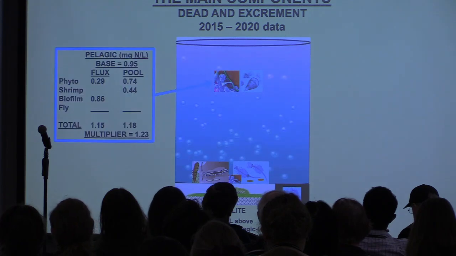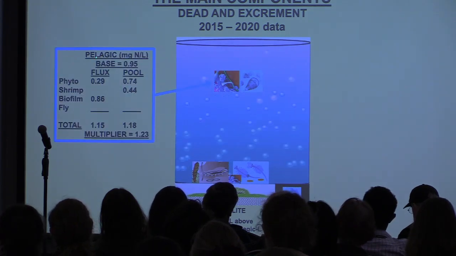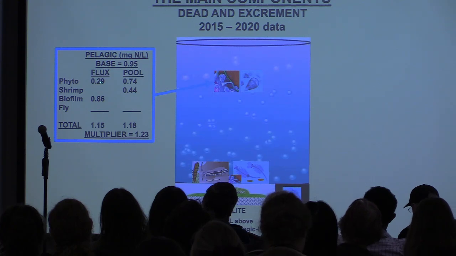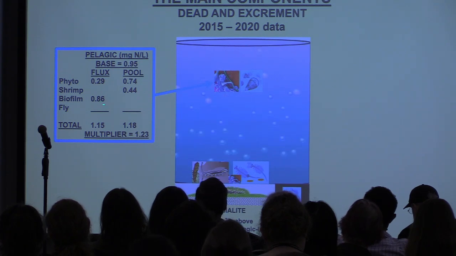The model then tells us up in the pelagic, we have a flux of phytoplankton providing 0.29 micrograms of nitrogen per liter. The biofilm that's come up is providing 0.8 micrograms per liter.